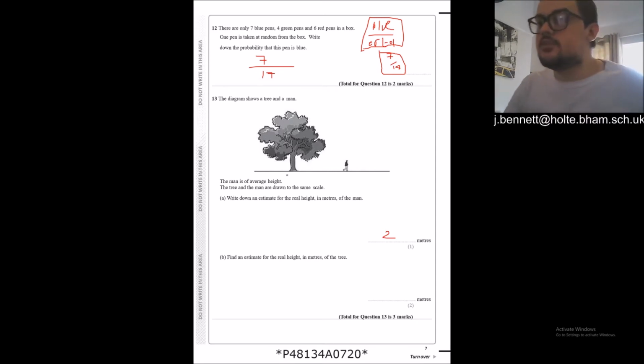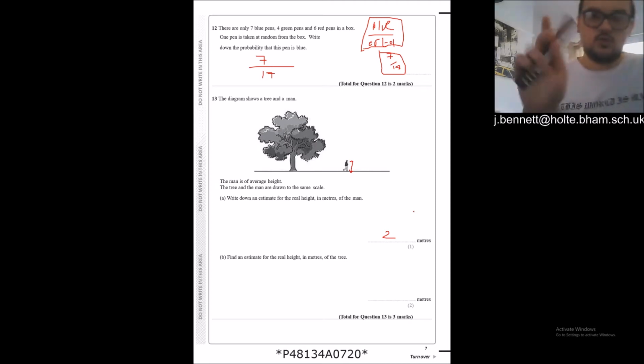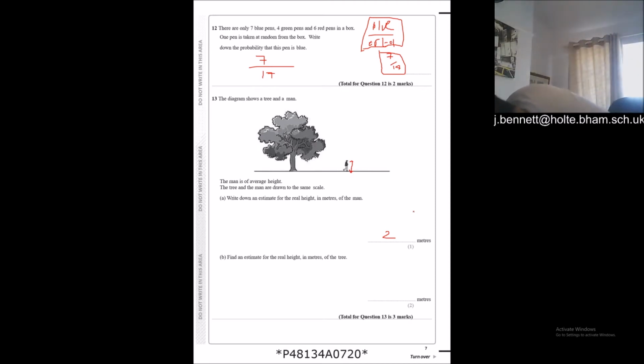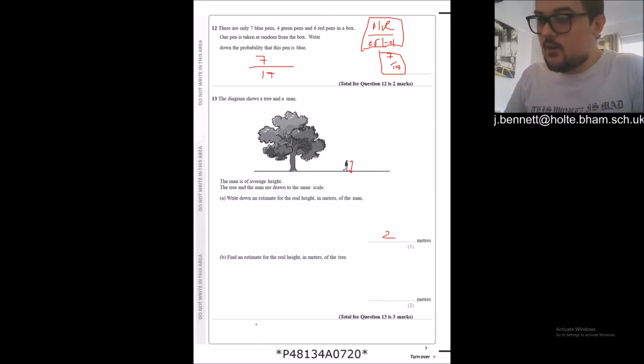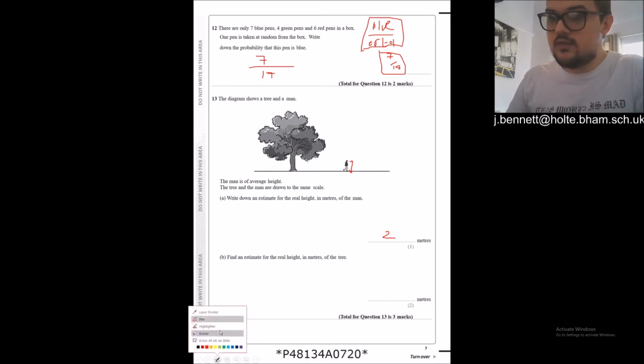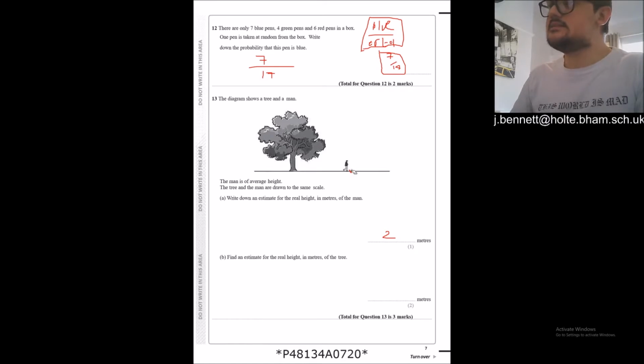Find an estimate for the real height in meters of the tree. So what you would do, you would measure how tall the man is with your ruler in scale. Actually I can answer this, I'm going to put my little Harry Potter ruler, because I'm cool, to the screen and measure how tall our little man is in centimetres.